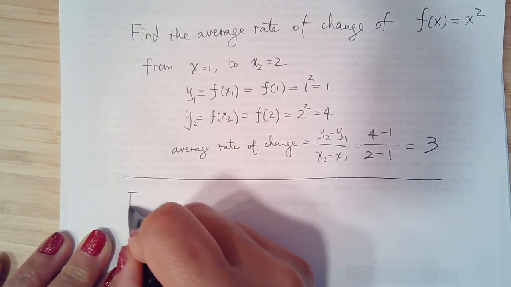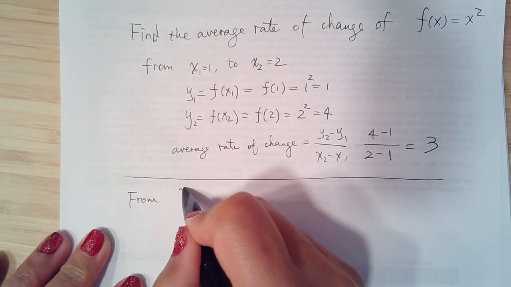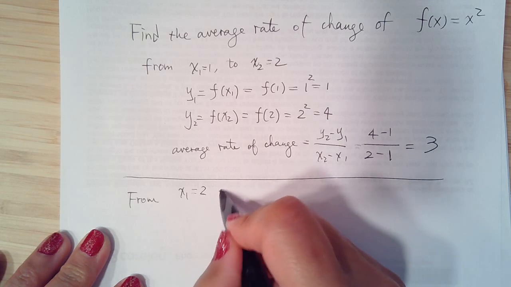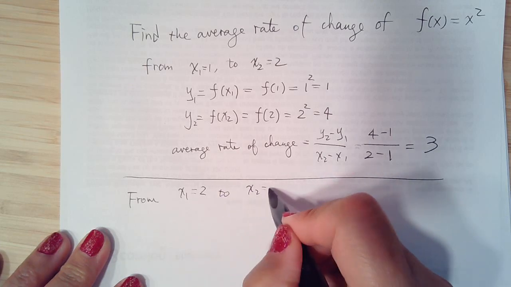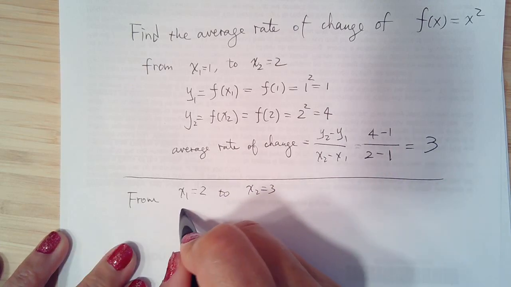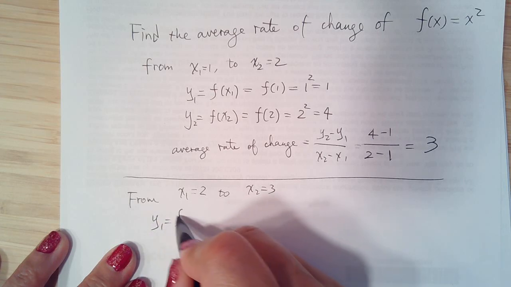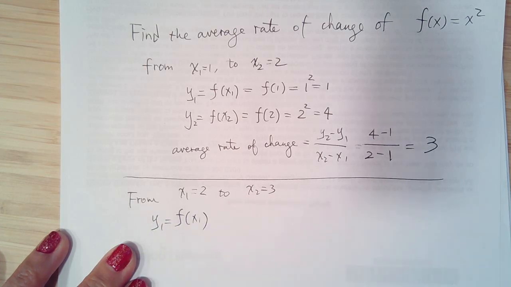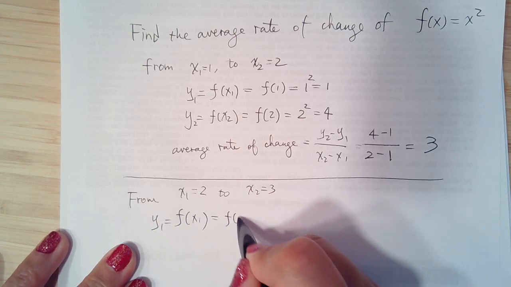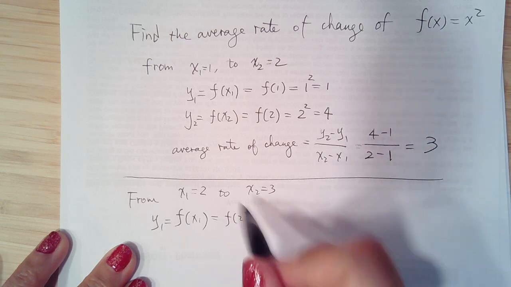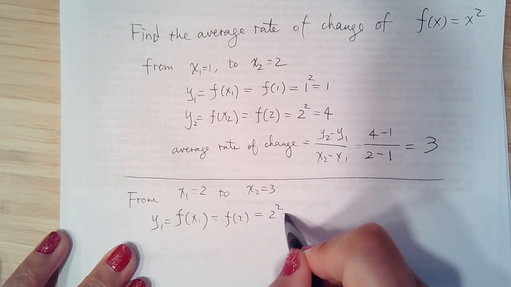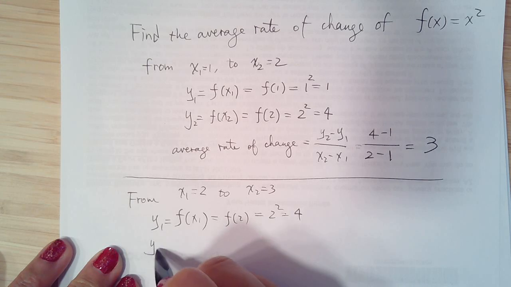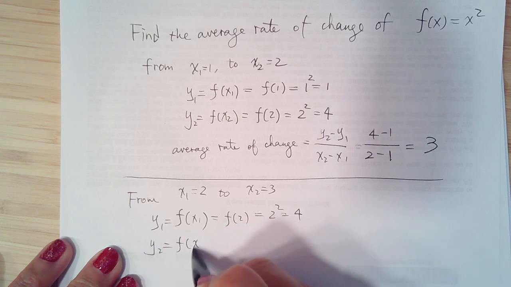Now I go from x1 equals 2 to x2 equals 3. Again, I find y1, which is f of x1. Okay, so that is f of 2. And the function is x squared, so that is 2 squared, which is 4. And y2 will be the function of x2.